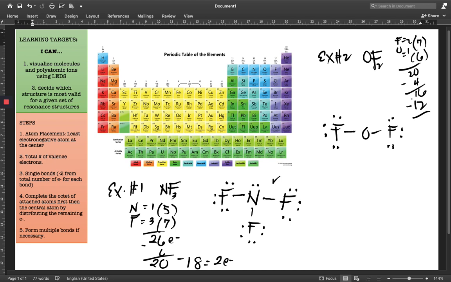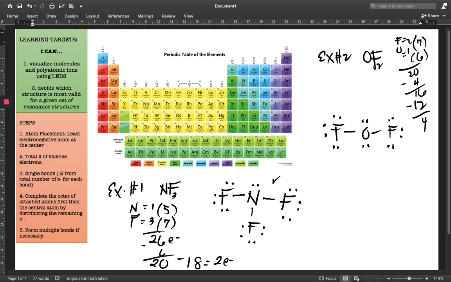So that's 16 minus 12, we get 4, right? So where do we place these 4 electrons? On the oxygen atom itself, right? 1, 2, 3, 4.